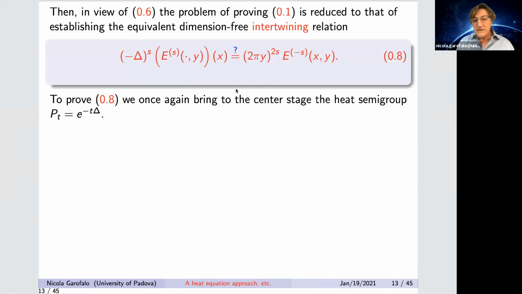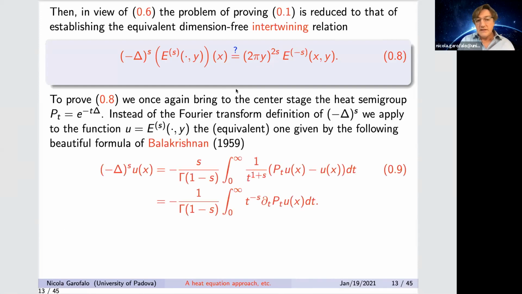To prove this, I will bring to center stage once again the heat semigroup. And instead of using the Fourier transform definition of minus Laplacian to the s, I will use this beautiful formula which goes back to Balakrishnan, 1959, in his PhD thesis, which actually dates 1954 with Ralph Phillips.